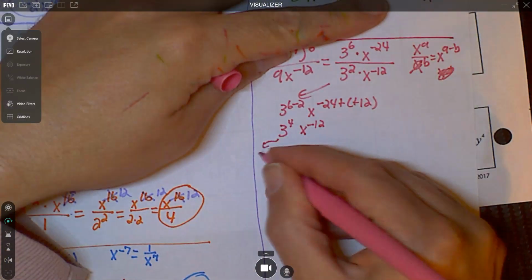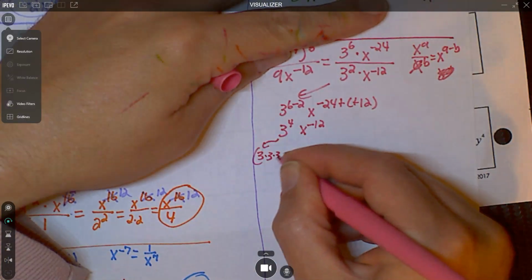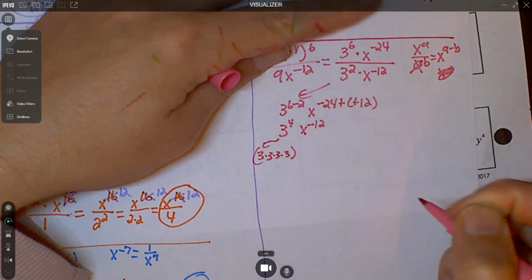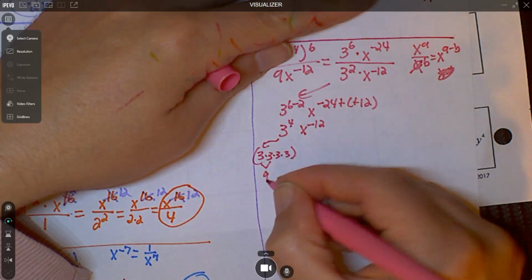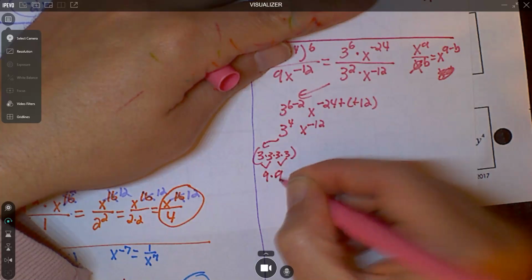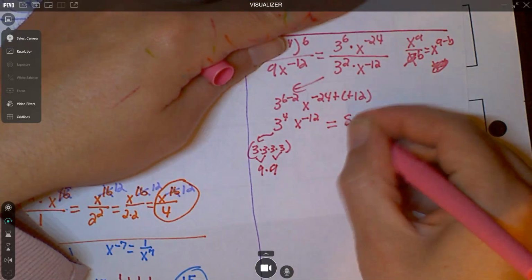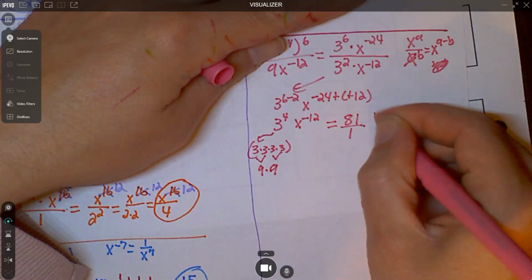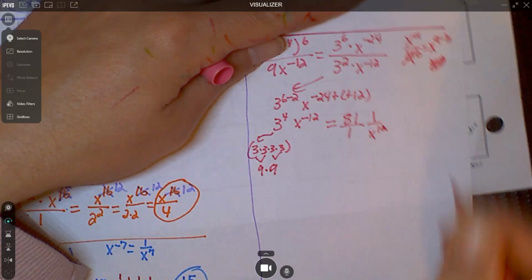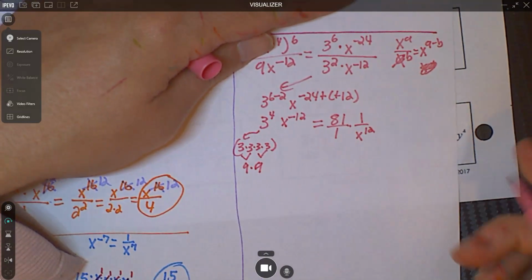Okay, 3 to the 4th. 3 times 3 is 9. 3 times 3 is 9. So it'd be 81 over 1 times 1 over x to the 12. That's what x to the negative 12 is.